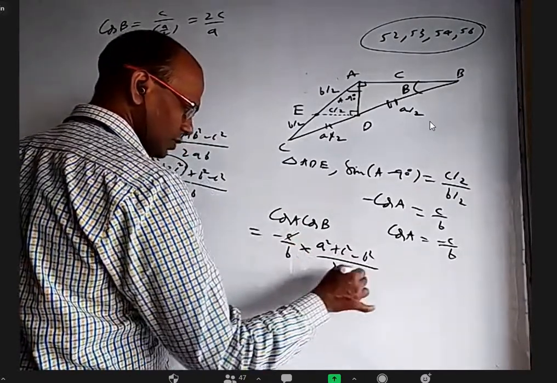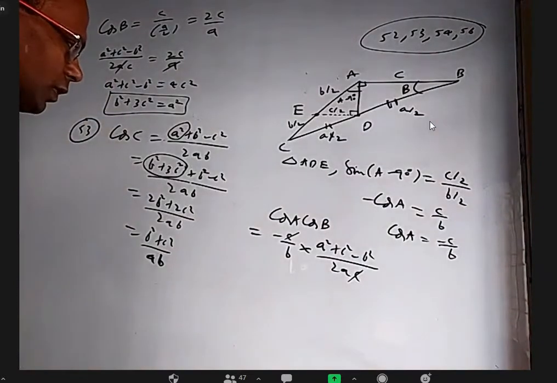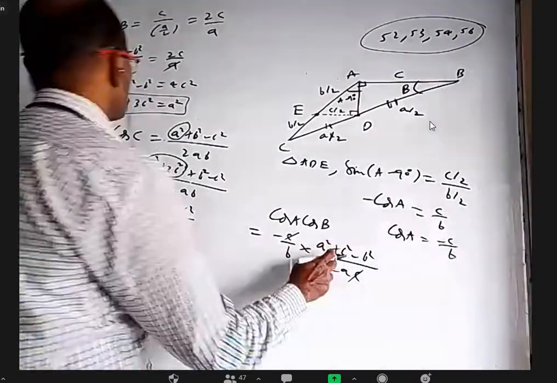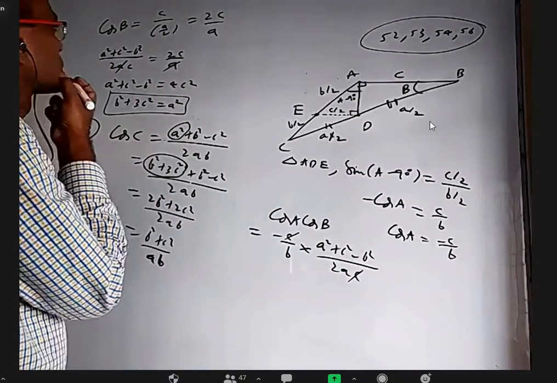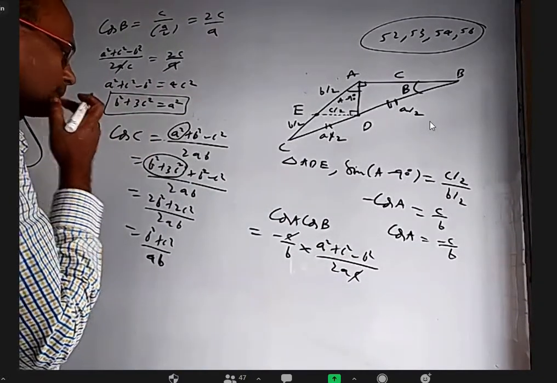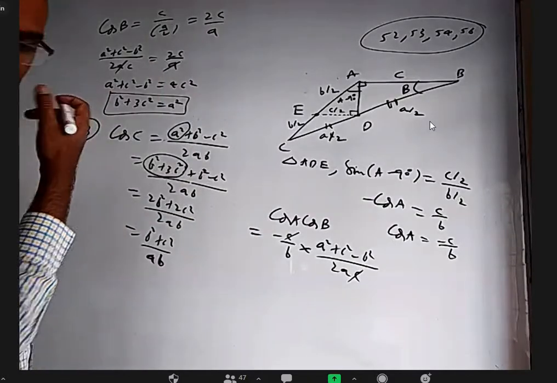I can cancel C. I try to get it in terms of A and B. I don't want C. In the place of C square, I have to substitute something else. Or cos A, I can use a formula, and cos B, I can substitute this also.